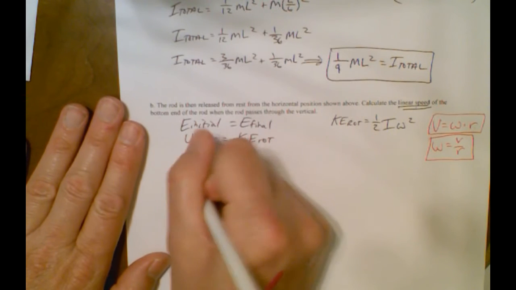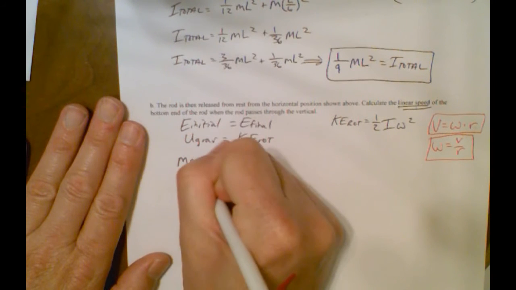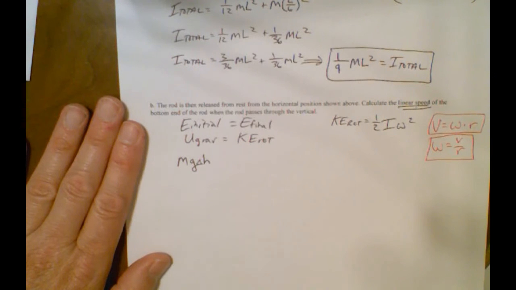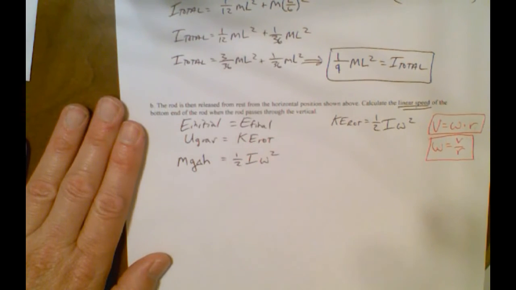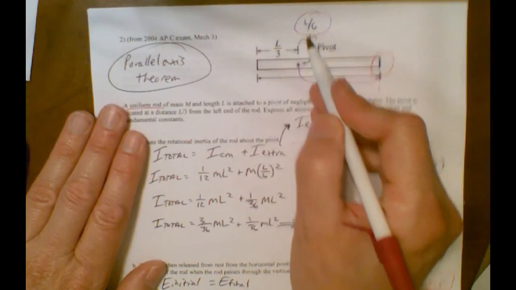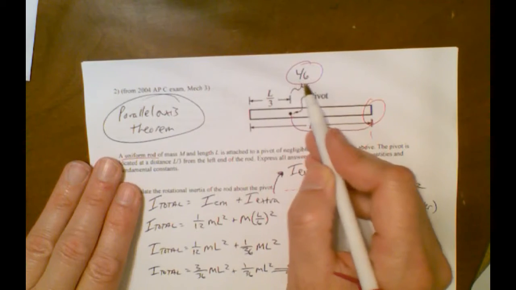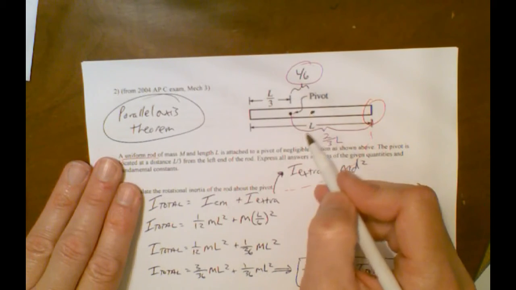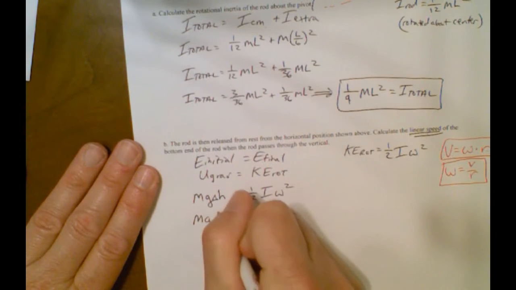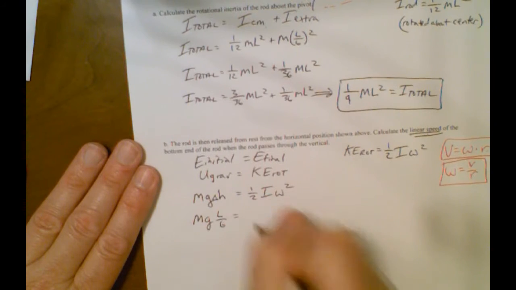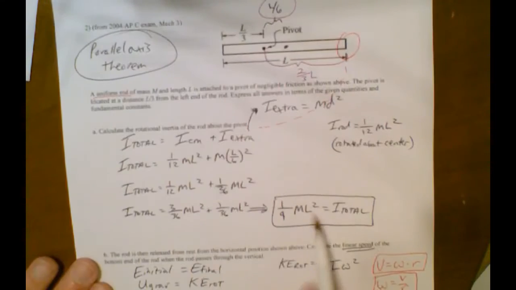So here I'm going to have the general formula for this: mg delta h equals 1/2 I omega squared. Okay, so what's my delta h? Well, the delta h is going to be this L over 6, which is the change in height of the center of mass. So it was mg L over 6, equals 1/2, and we already figured this out, is 1/9 ml squared.